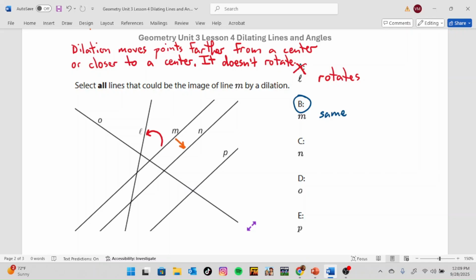It simply shifts it closer or farther from the center. And that's exactly what an image would do. It just simply slides.